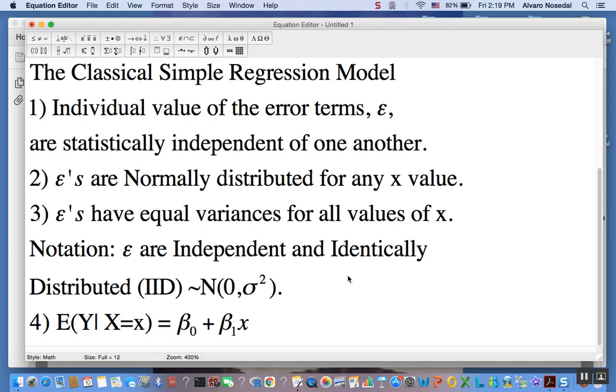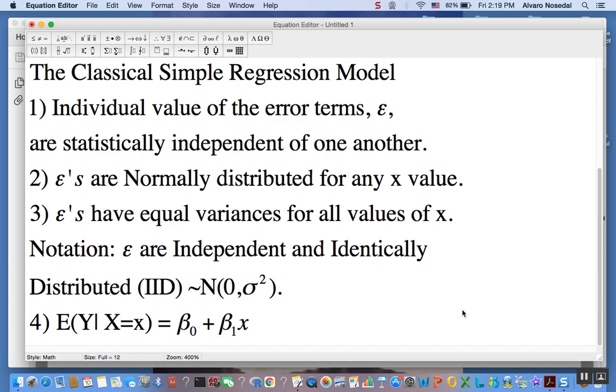Now what I would like you to do is go to Quarkus and find the slides that go with this video lecture, the lecture notes corresponding to the classical simple regression model, because we're going to need them.